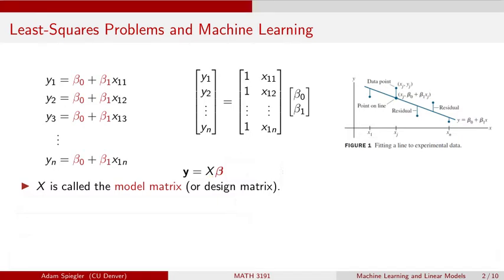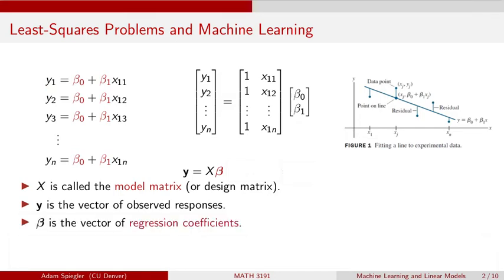So x, which is where we're storing all of our observed predictor data, in this case just the intercept and one variable, we call the model matrix or the design matrix. So that's our observed predictor values. Y is the vector of observed responses. So for each of these observed x values, we have an observed y value, and we're going to call that vector the vector of observed responses.